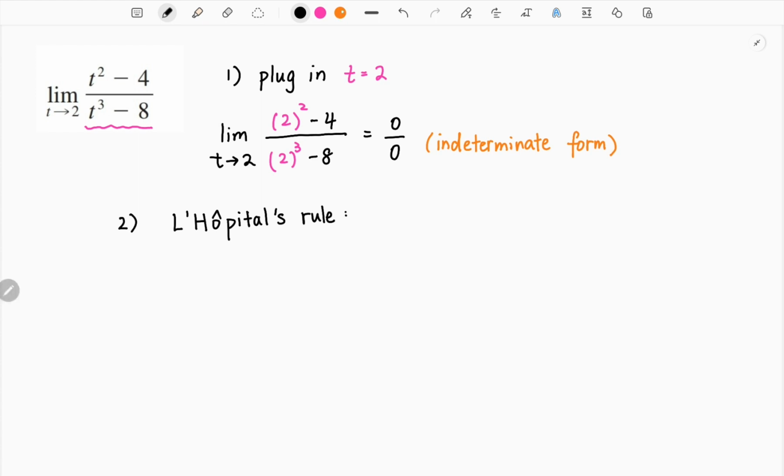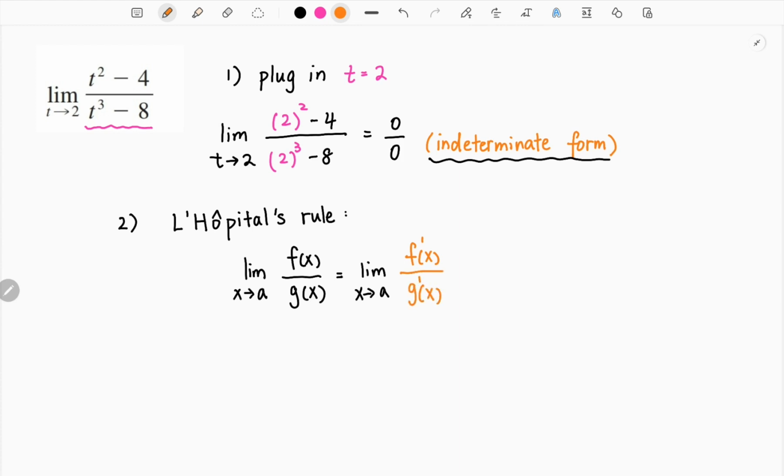So basically what L'Hopital's rule is saying is that if we calculate a limit as x goes to a, where a is just a real number, and you have a fraction that is f of x over g of x, and you're getting an indeterminate form like the one we're having in this question, then your limit will be equal to the limit as x goes to a of the derivative of your top function over the derivative of your bottom function.